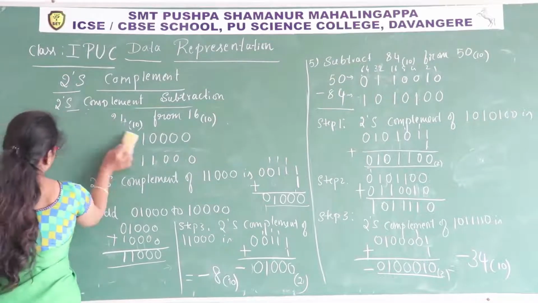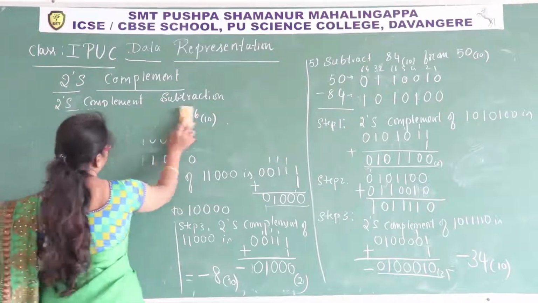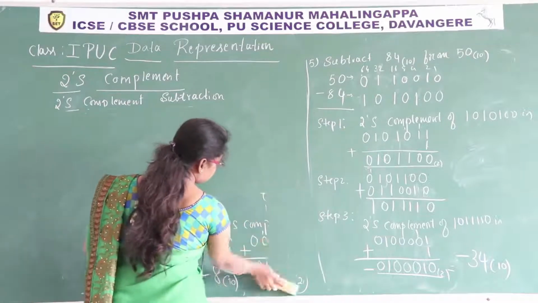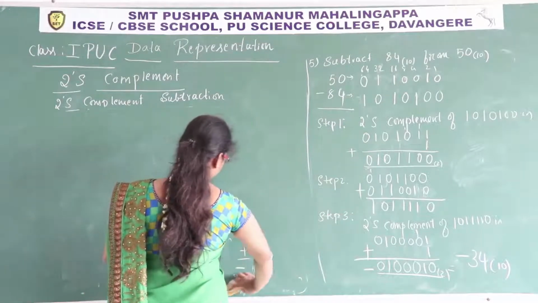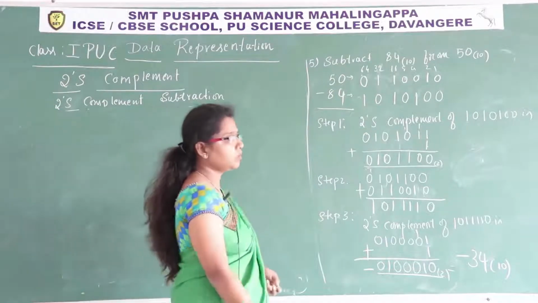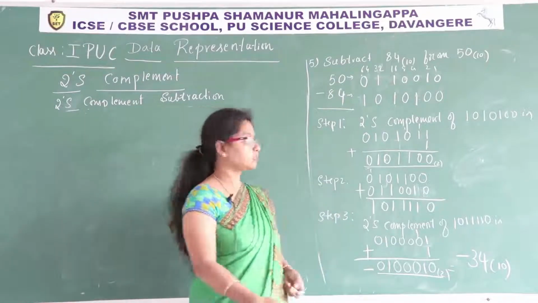I hope you understood 1's complement subtraction and 2's complement subtraction. These 1's complement numbers and 2's complement numbers are all ways of representing negative integers.